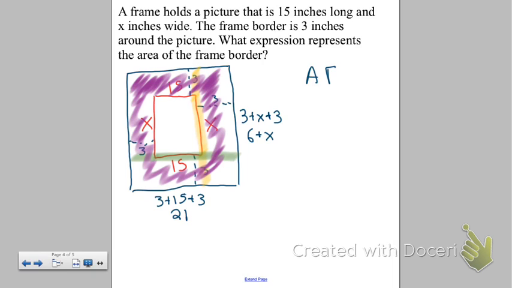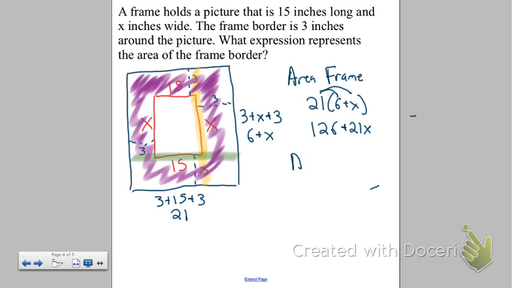So the area of the frame, which is the bigger area, could be 21 times 6 plus x. I can distribute here and get 21 times 6, which is equal to 126, plus 21x.